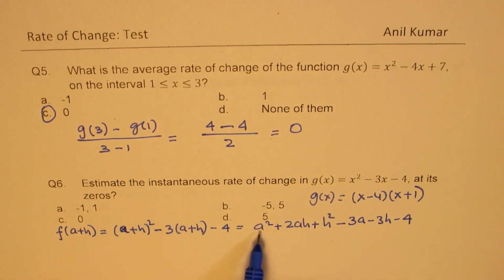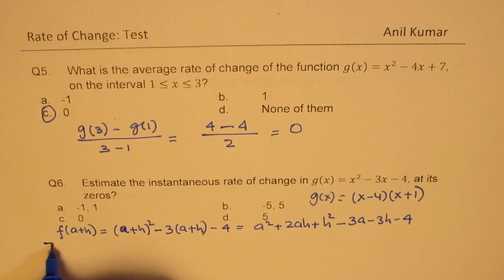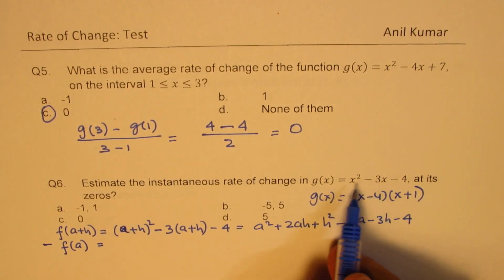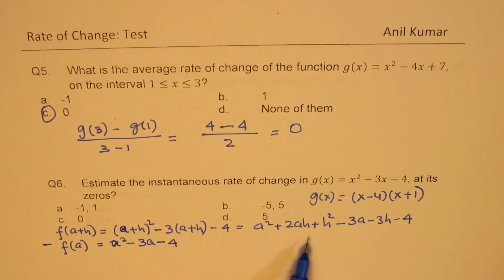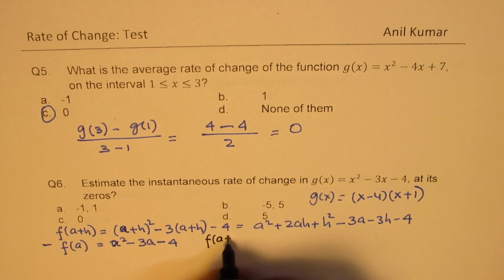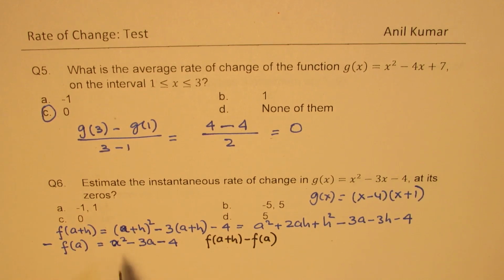Now, from this function, you have to take away f of a. F of a is a square minus 3a minus 4. And then we have to divide by h, right? So if I find, because there is less space, let me write down here, f of a plus h minus f of a. In that case, these 3 terms will cancel from here.